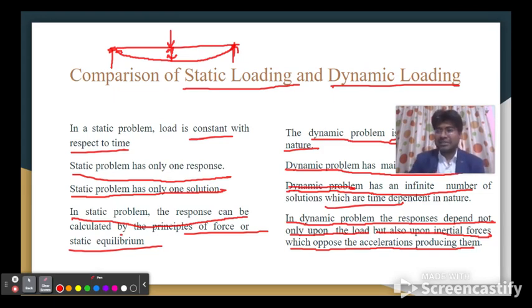That was kind of going into a dynamic analysis, because the force I applied made it go into free vibration, although an acceleration was there and inertial forces were developed. So that was the case for that. So a dynamic problem will have many responses, you can say.